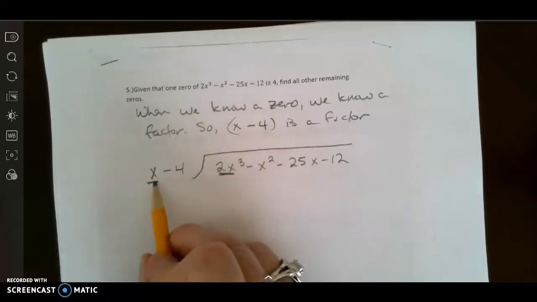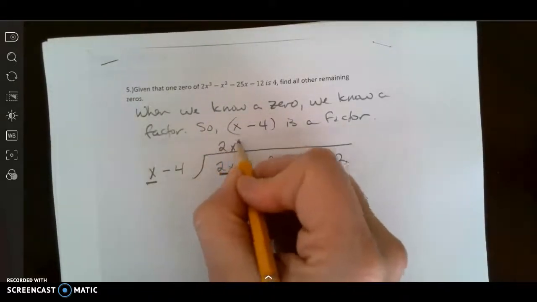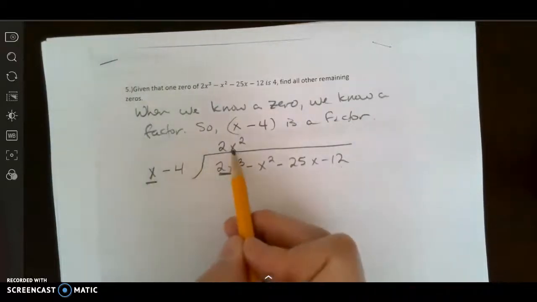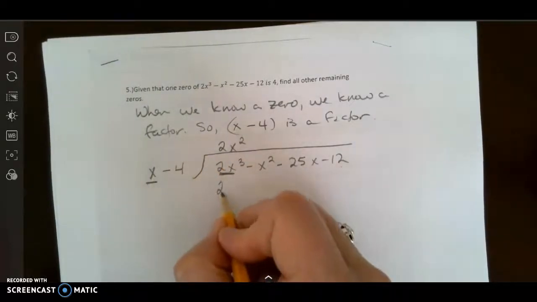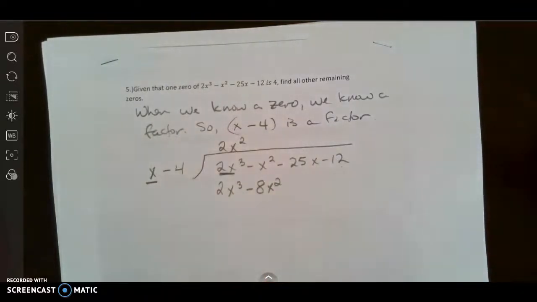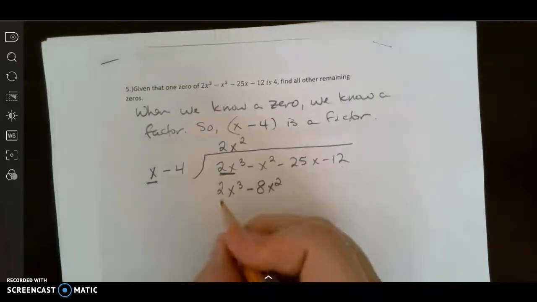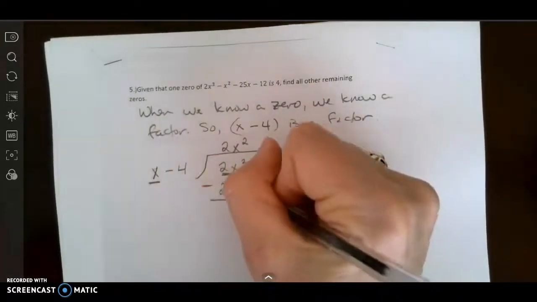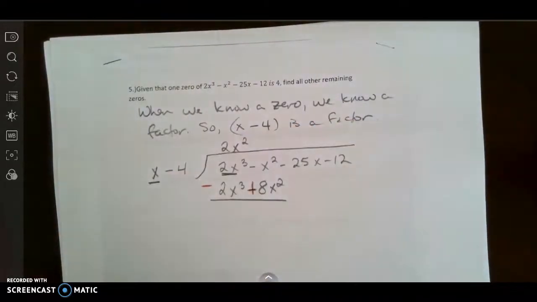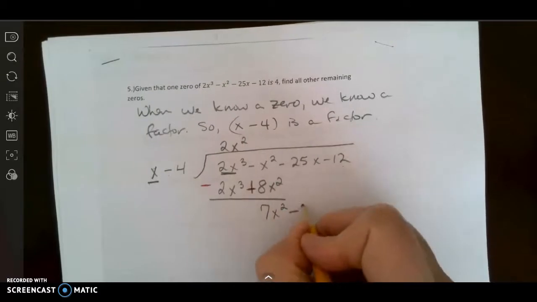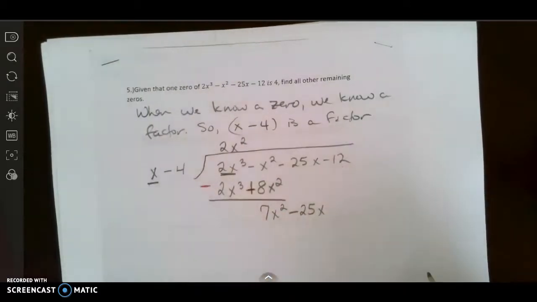2x cubed divided by x is 2x squared. I'm going to take this 2x squared and multiply it by both. I get 2x cubed minus 8x squared. And since I'm going to be subtracting, I change my signs. And I get 7x squared, carry down the minus 25x.